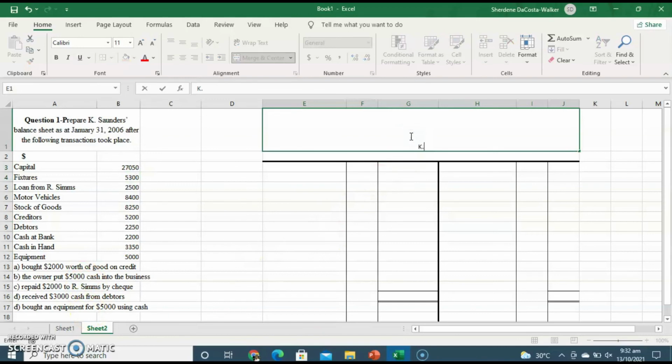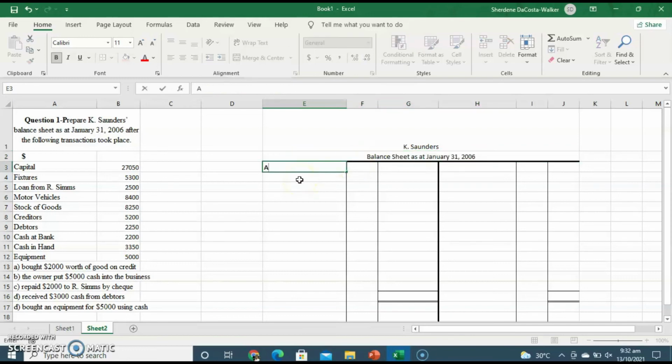So we're going to go ahead, write K. Saunders balance sheet as at January 31st, 2016, and we're going to go ahead with our assets, put in our dollar signs, capital, and liabilities, put in our dollar signs, and then we're going to start off with our non-current assets.